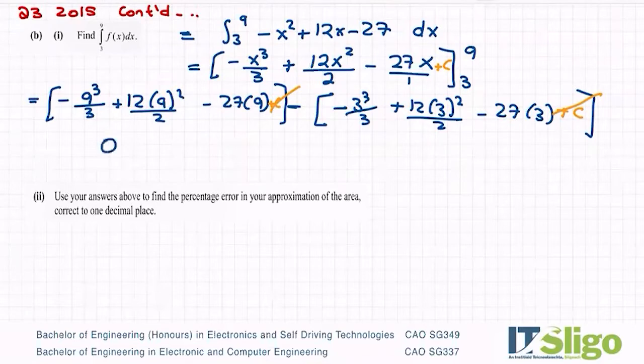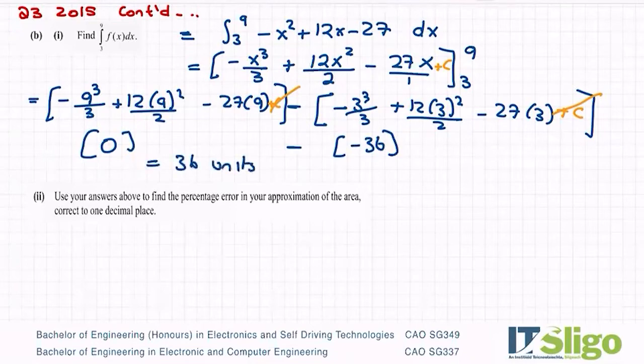And I get 0 for that one. And minus, let me put this side in. So the fraction button, minus 3 cubed over 3 plus, hit the fraction button, 12 times 3 squared over 2 minus 27 times 3. And so I get minus 36 for that one. So 0 minus minus 36 is 36 units squared.